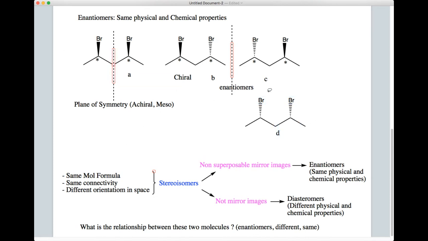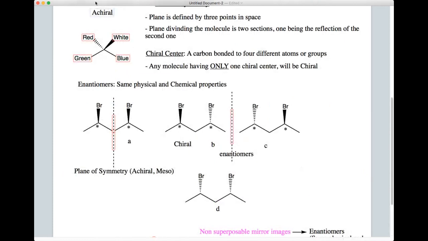What happened from A to D? A 180 degrees horizontal flip, okay? All right, so I'm going to give you another example now.